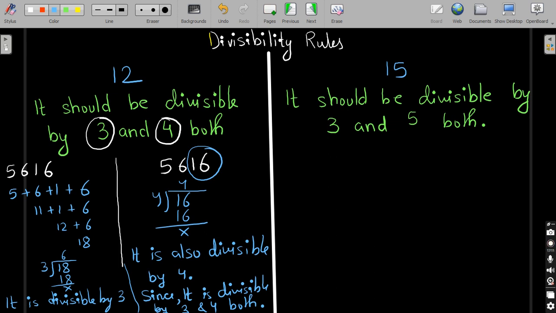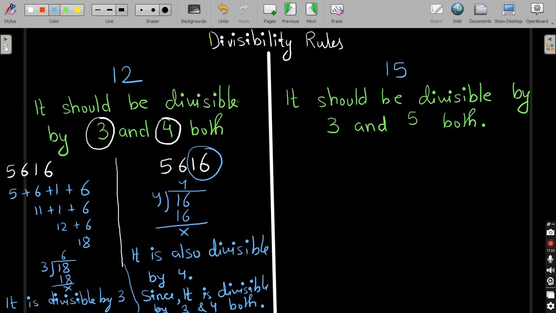This is the process to find out the divisibility rule of 12. That number should be divisible by 3 also, and that number should be divisible by 4 also. Then we can say it is correct. Suppose it is divisible only by 3 and not by 4, then it is not divisible. And suppose the number is only divisible by 4, not divisible by 3, then we can't say the number is divisible by 12.